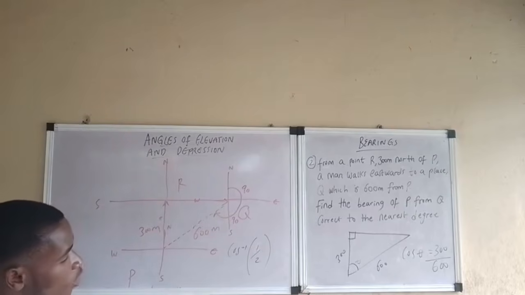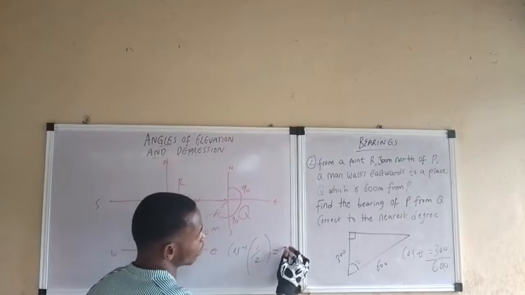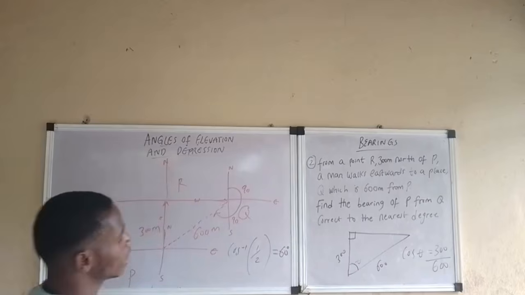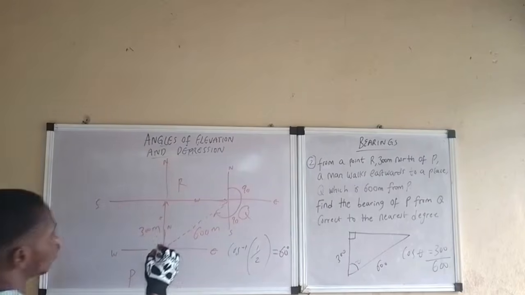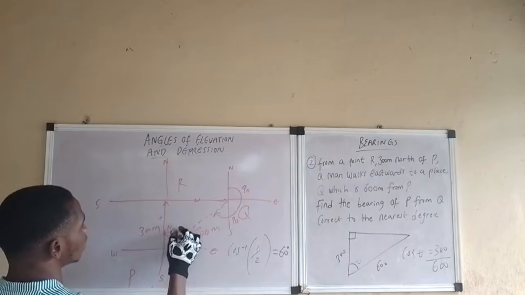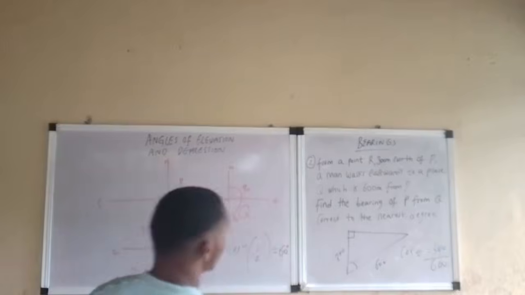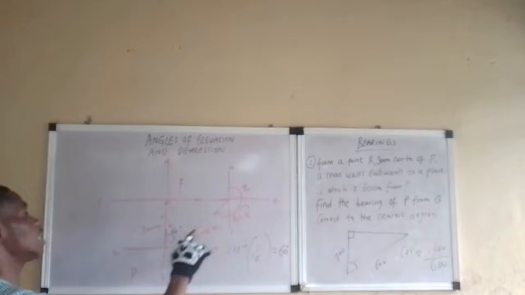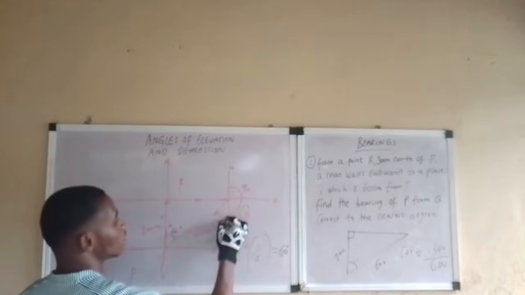The cos inverse of 1 over 2 is 60 degrees. Do you understand? So this theta here is 60 degrees. Because it is alternate to this position, here is also 60 degrees.